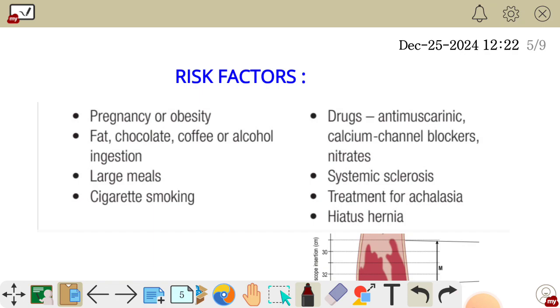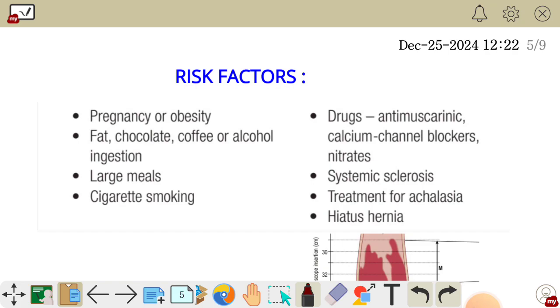The risk factors for gastroesophageal reflux disease: we have, one, pregnancy or obesity. Pregnancy, we know, increases the pressure in the abdomen, and that increased pressure can cause reflux of stomach content.